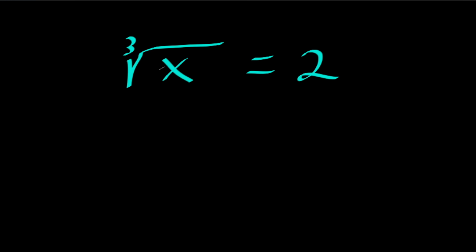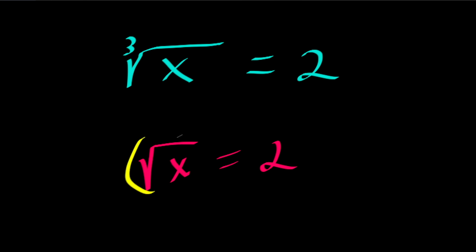I know that if this were a square root, if I said the square root of x equals 2, the inverse operations relationship says I'm going to raise this to the power of 2 and this to the power of 2.